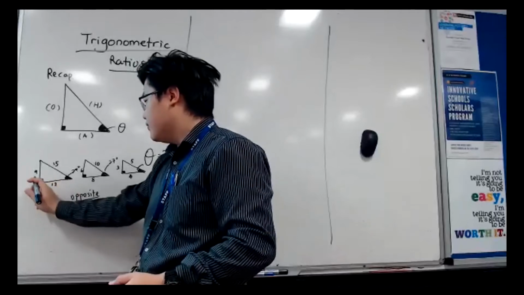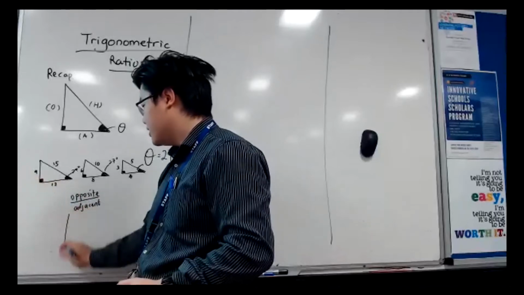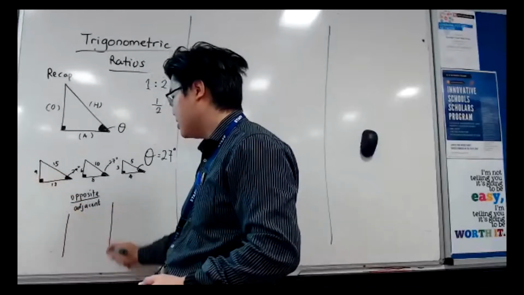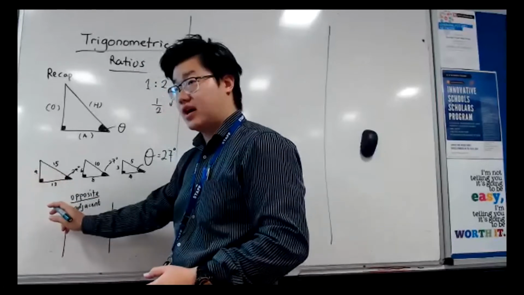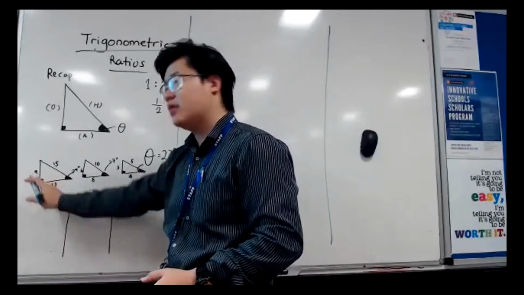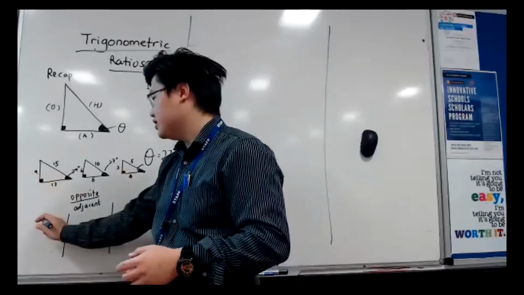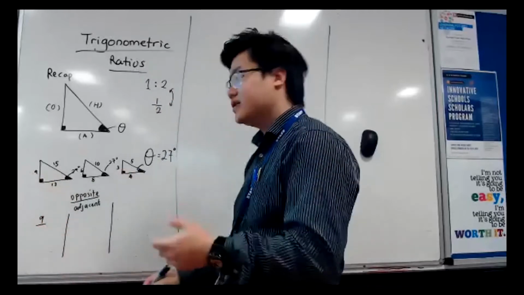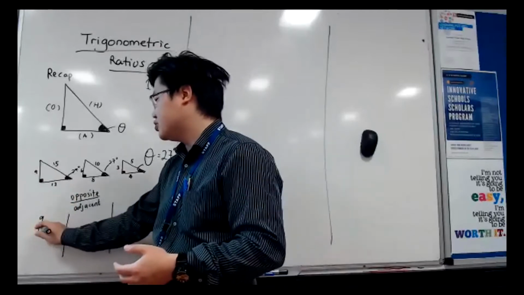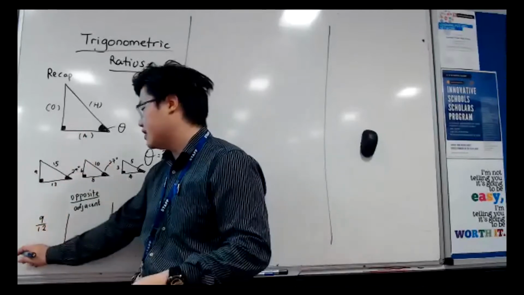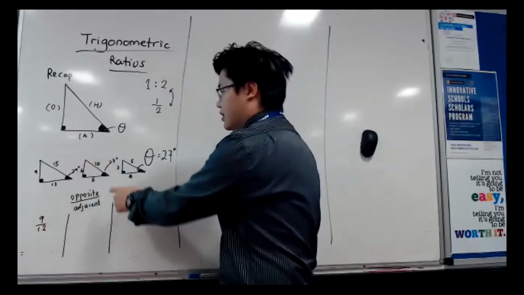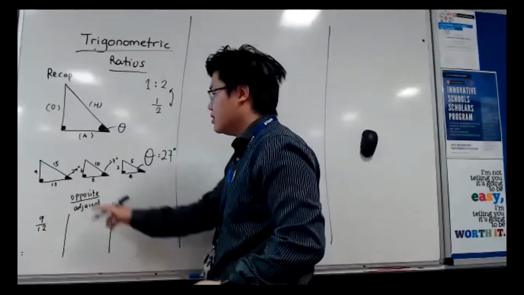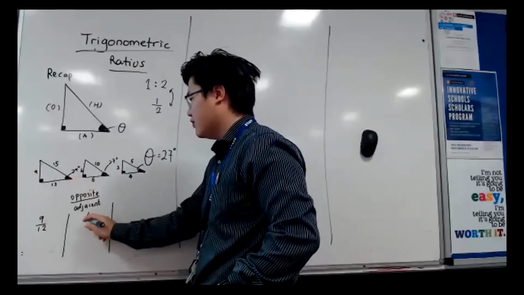The ratio for the first triangle, opposite over adjacent. How much is the opposite? 9, very good. So 9 over what exactly? Adjacent is 12. Let's not press the calculator yet. What about this one? 6 over 8.